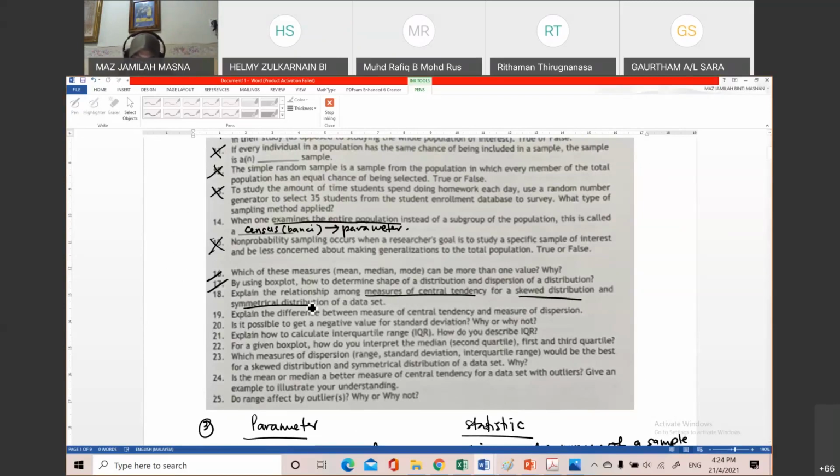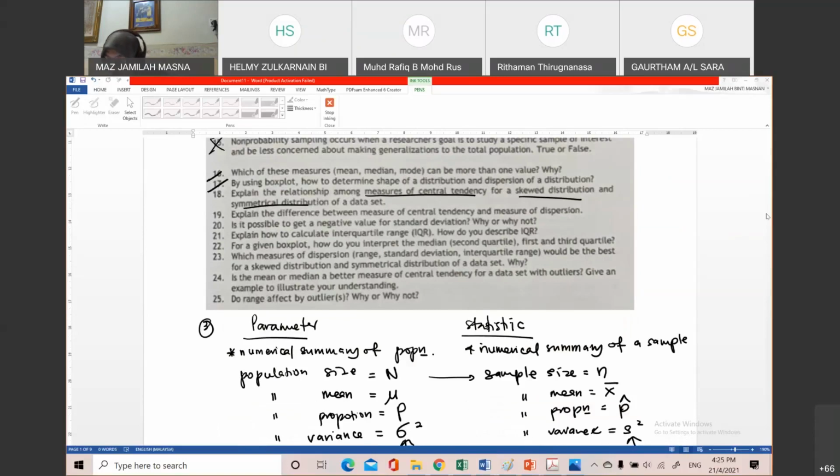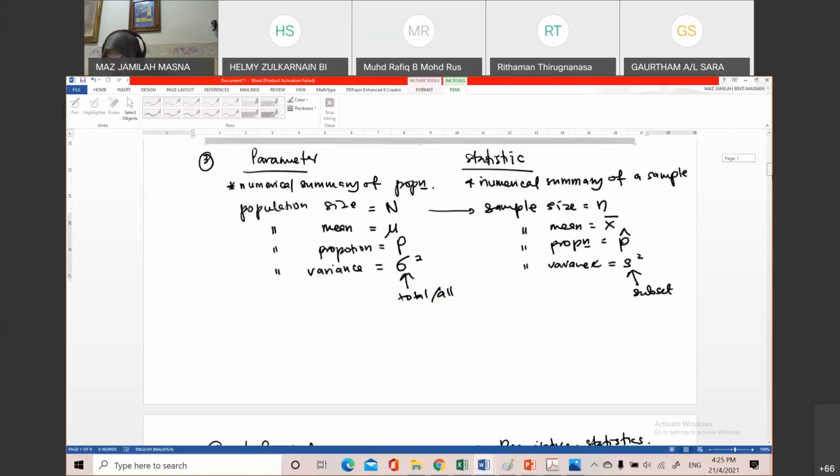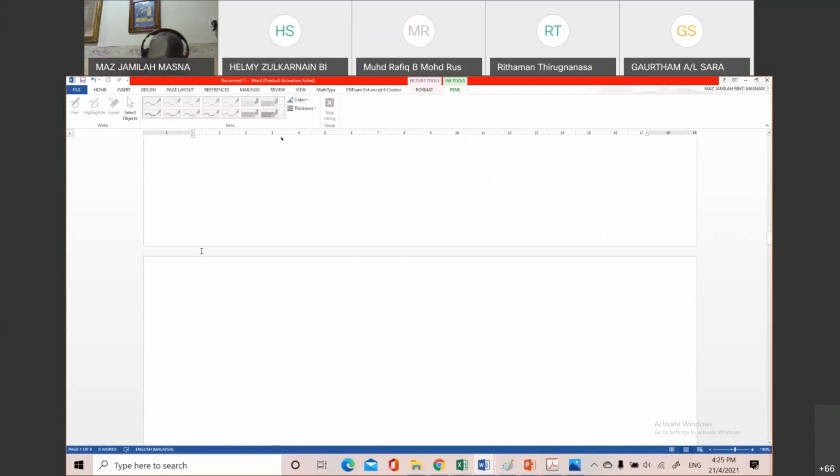Okay, relationship among measure of central tendency for a skewed and symmetric distribution for a data set.